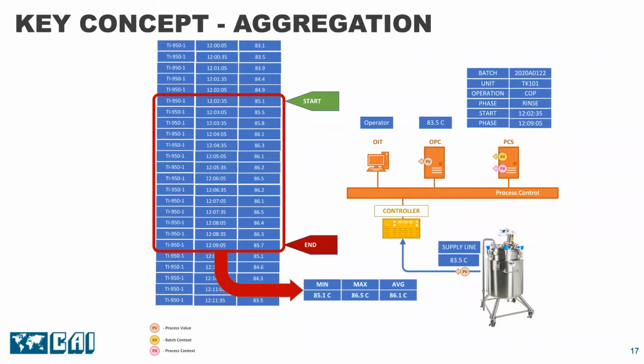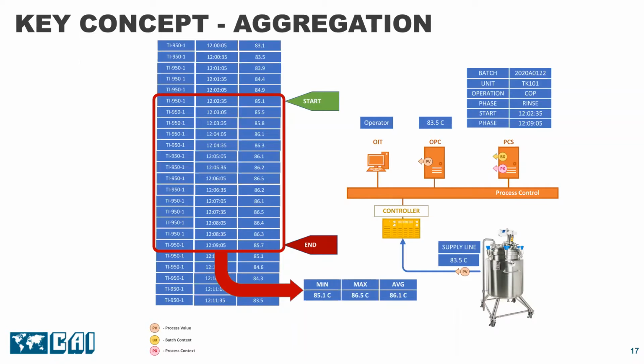Our second key concept is aggregation. By extending our previous example, now that we've contextualized the supply line water temperature values, we can aggregate them and perform calculations on them.